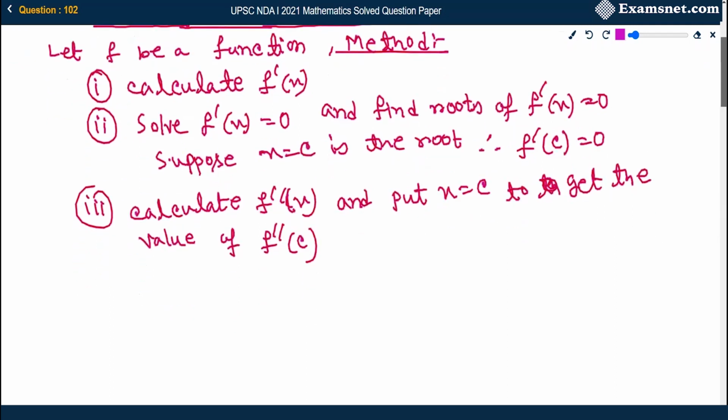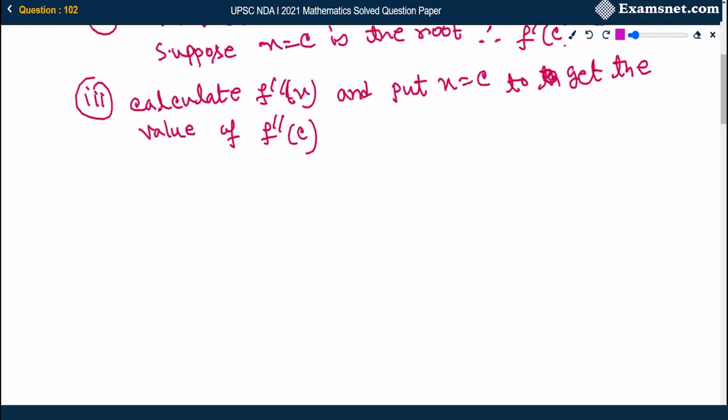Now it will depend on the sign of f double dash c whether at x equals c the point is a point of local maxima or local minima.